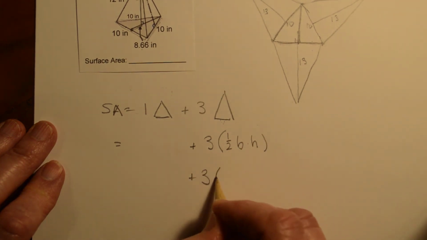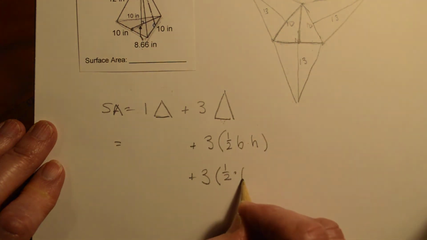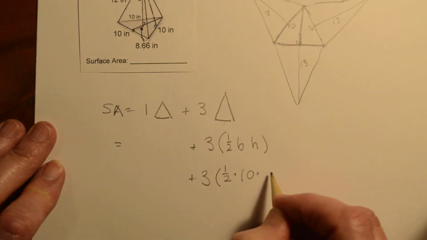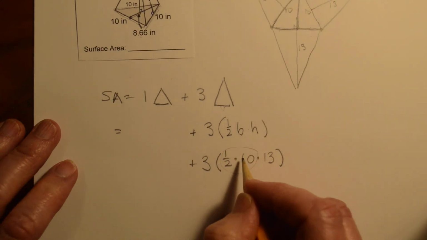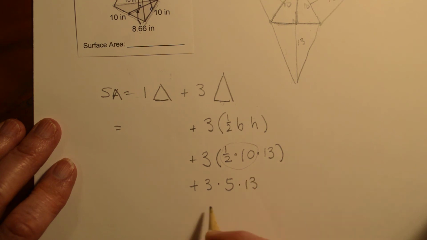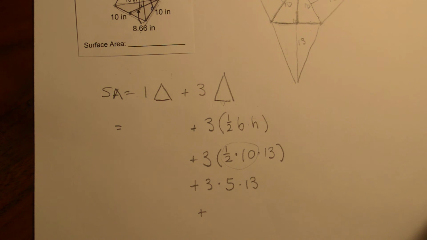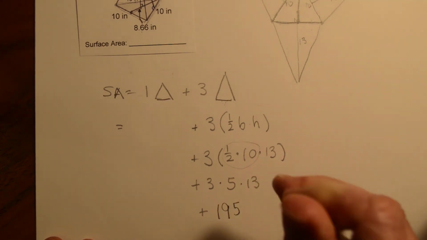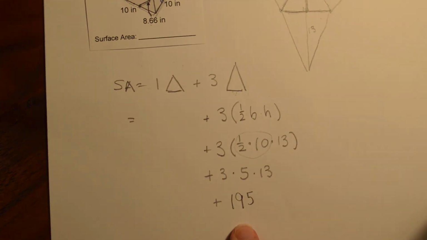We have three of them times 1/2. The base of each of these triangles is 10, and the height of each of these is 13. All right, 1/2 of 10 is 5, so we've got 3 times 5 times 13, and 3 times 5 times 13 is 195. So the area of these three triangles gives us the 195.